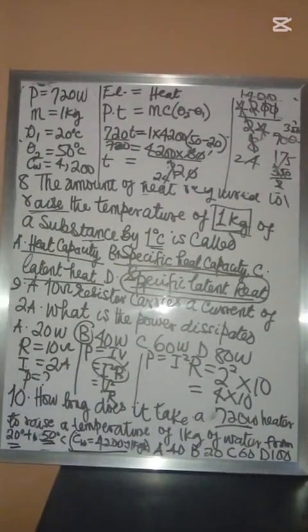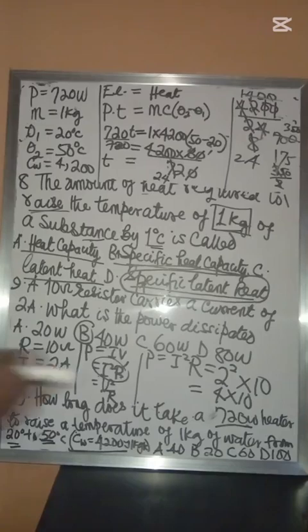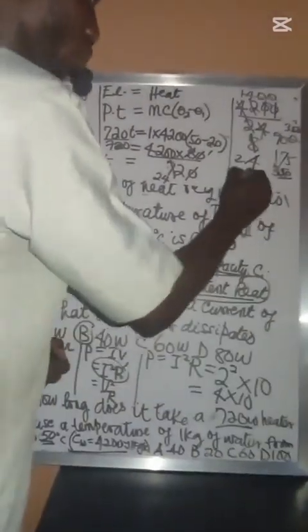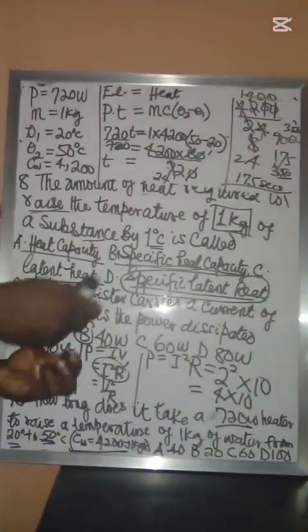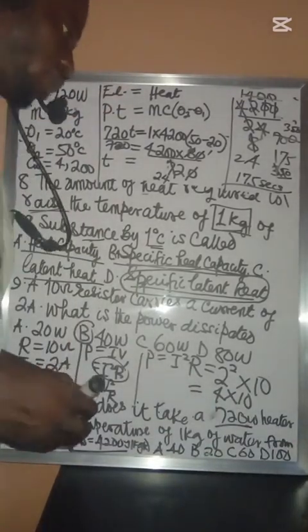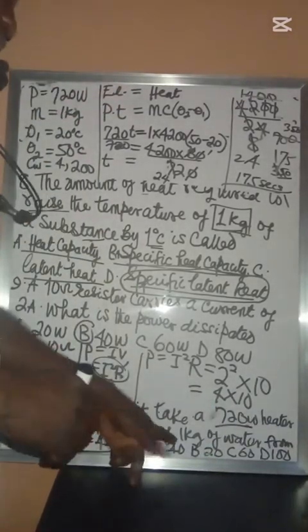That gives 175 seconds. Fortunately, something must have gone wrong with the options, but the correct answer is 175 seconds. I must have gotten the options wrongly from one of my students who sent this particular question to me.